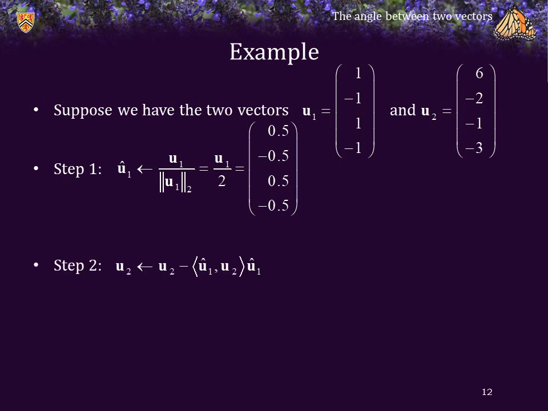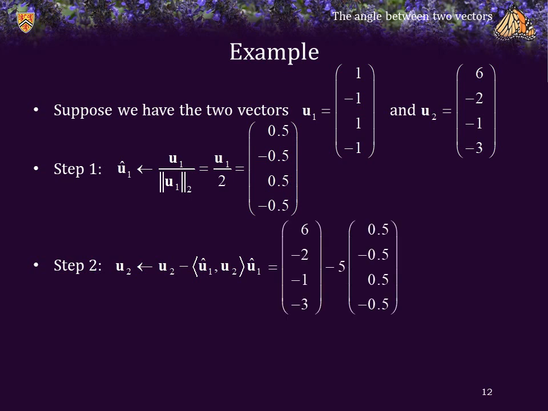Step 2. Replace u2 with u2 minus its projection onto the vector u1 cap. This is just the vector u2 minus, well, we could calculate it out.